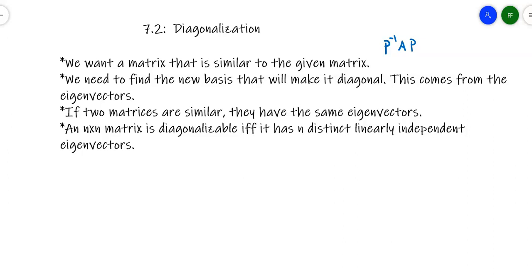No good. You can't do that because you don't have the same number of eigenvectors as you have rows or columns in your square matrix. The other thing is if it turns out that you come up with two eigenvectors that are linearly dependent, then no. Unless you have n linearly independent eigenvectors, then you can't diagonalize the matrix.